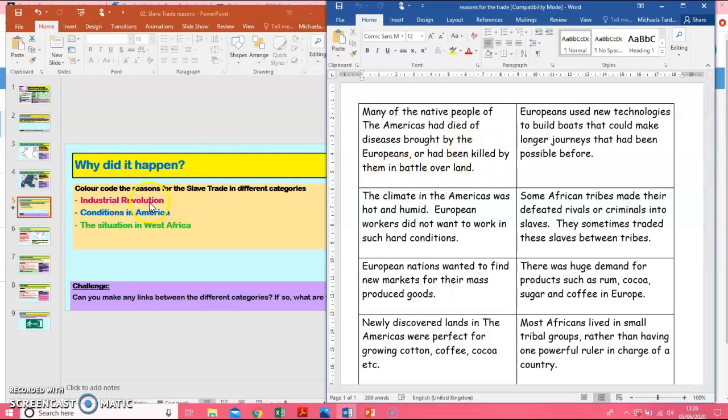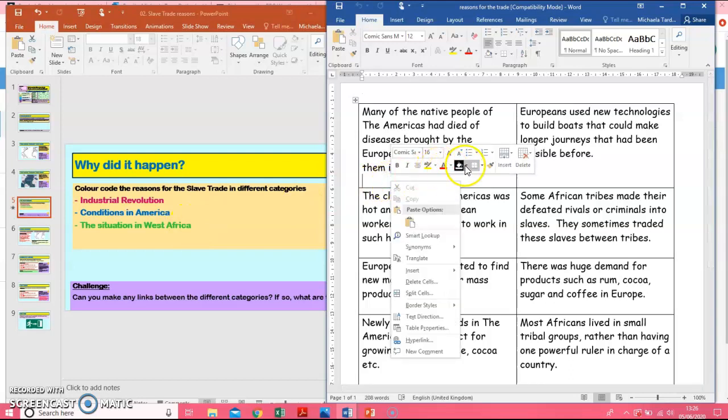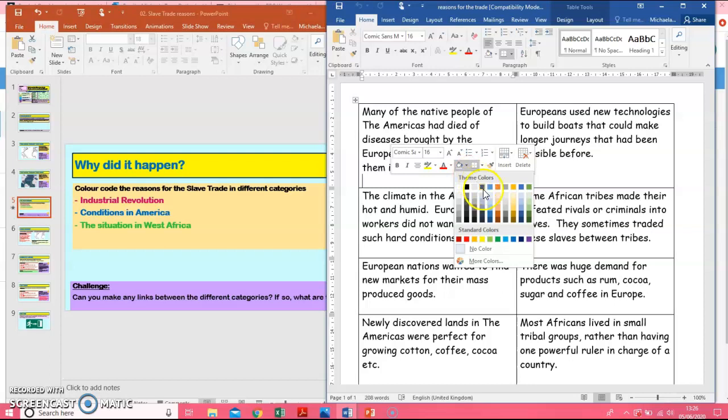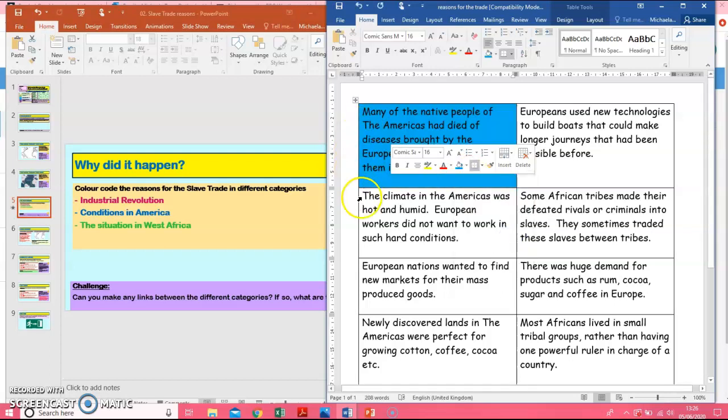Now I need to decide, is that to do with the Industrial Revolution, conditions in America, or the situation in West Africa? I think that's to do with the conditions in America. So I'm going to colour code that with the corresponding colour that's here. Okay, so that's your example.